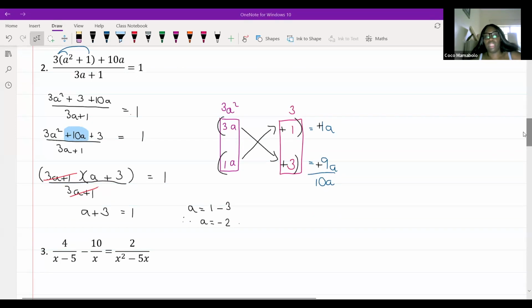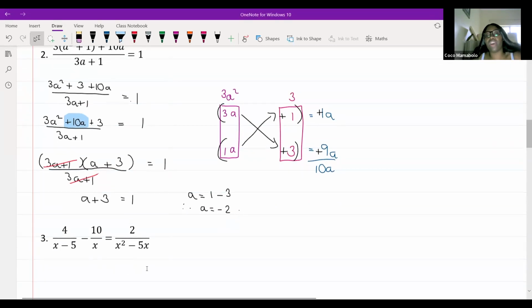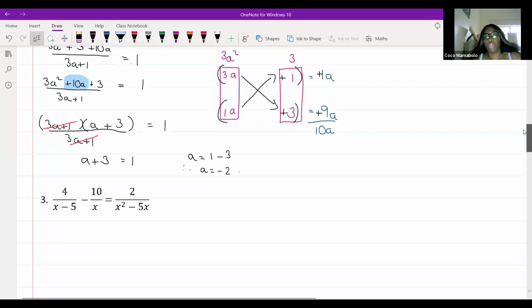All right. Okay, now this one doesn't have anything for us to factorize on the top, right? But I can factorize the denominators, yes? Good, that's it, Khulani. We need to find an LCD.